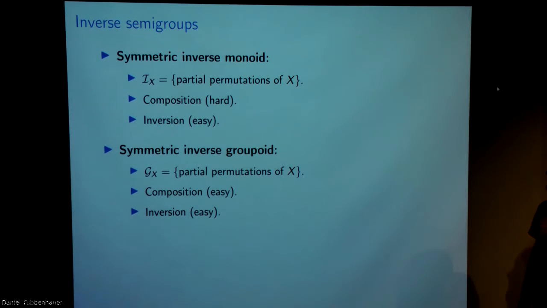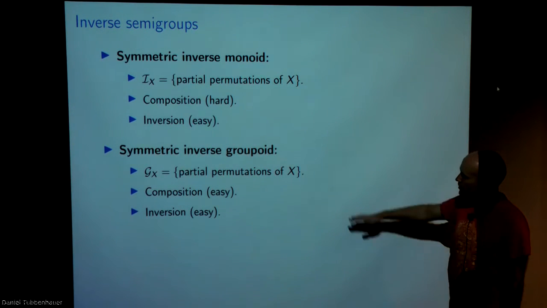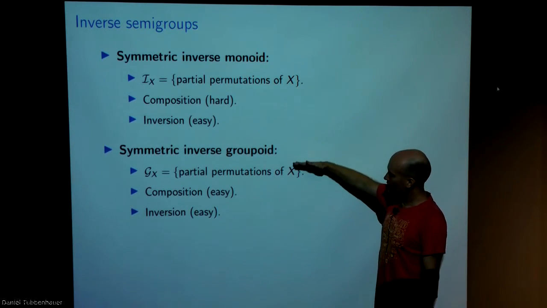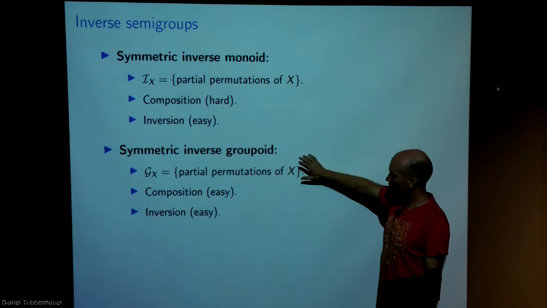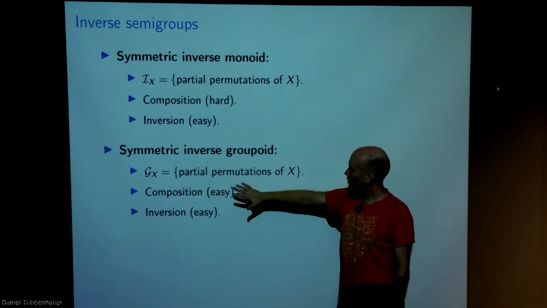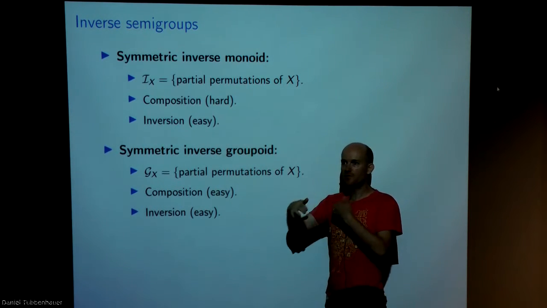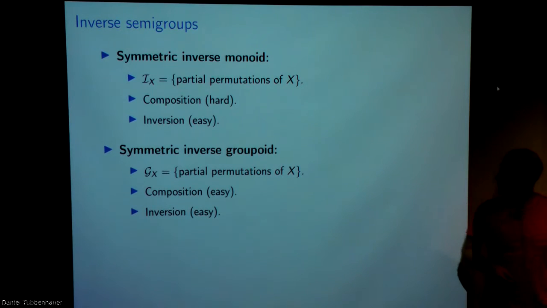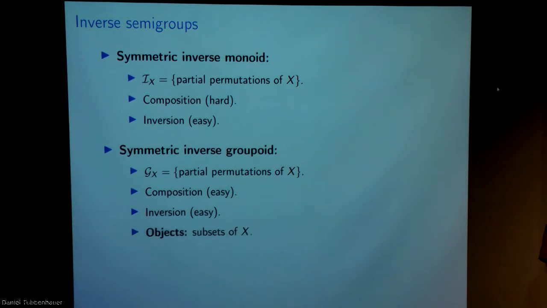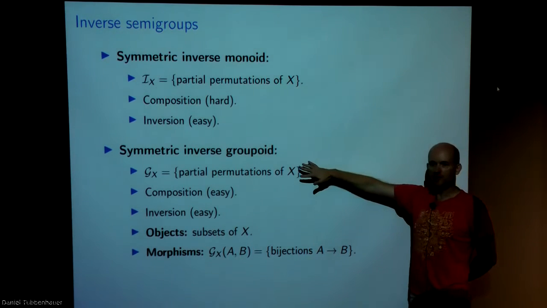All right. So this is where we've been working, the symmetric inverse monoid, and we're turning it into this thing that you could call the symmetric inverse groupoid, where we take the same underlying set, partial permutations of our X, and we only remember what have been called the easy compositions, the compositions where domains and codomains match up perfectly. So the objects in this case we think of as all of the subsets, and remember elements of this thing are bijections between subsets.